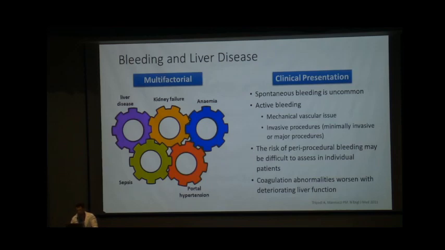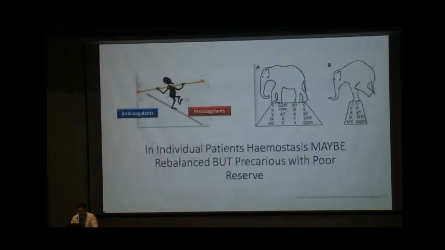The risk of peri-procedure bleeding can be difficult to assess in individual patients, and coagulation abnormalities worsen with the deterioration of liver function. This shows the balance between the anticoagulants and the procoagulants in patients with cirrhosis. It's like an elephant standing on a single limb. It is rebalanced but very precarious, with a poor reserve.